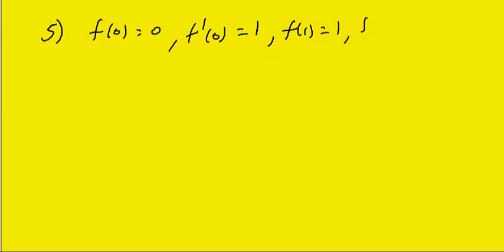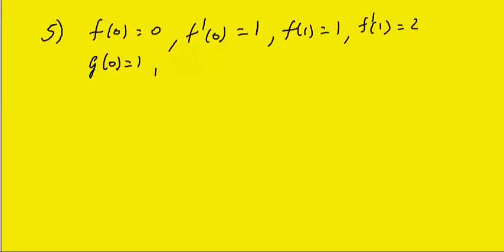Alright, here we go. Number 5. Okay, f of 0 is 0. f prime of 0 is 1. This type of question shows up on multiple choice on the AP test, so make sure you know how to do it. f of 1 is equal to 1. f prime of 1 is equal to 2. Okay, holy cow. g of 0 is equal to 1.